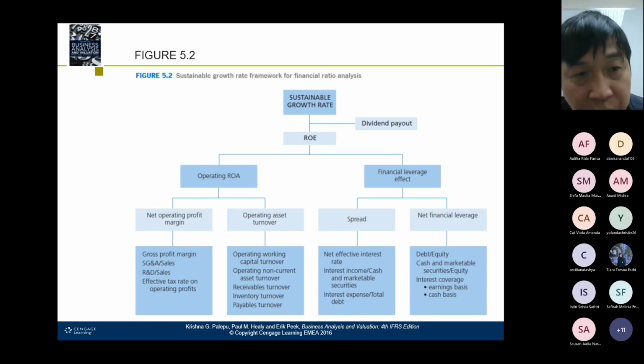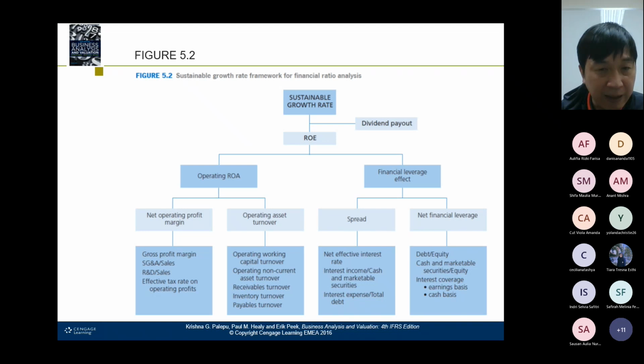So we have to continually support the investment. And for effective investment, a firm has more earnings and is more competitive. More competitiveness and more earnings can be measured by operating ROA and the financial leverage effect.